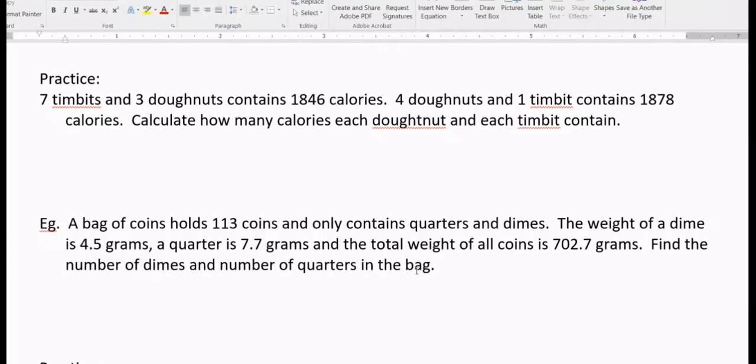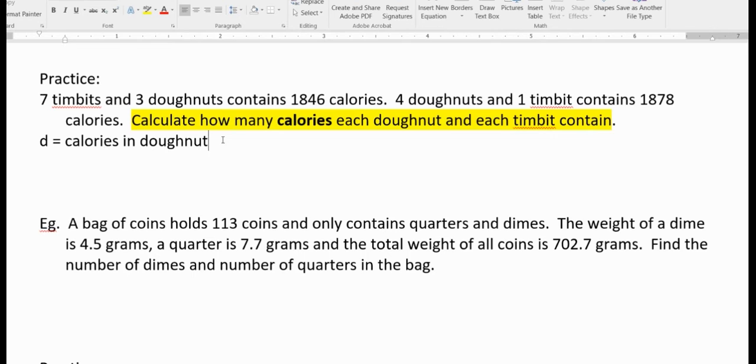Okay, so this one, we're going to look at the last sentence: calculate how many calories each donut and Timbit contain. The 2 objects are donut and Timbit, and we need to create a letter for each one. So D equals, and the key thing here is how many calories. We need to include this in each variable.